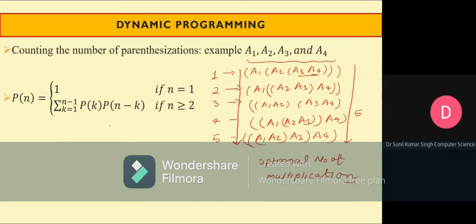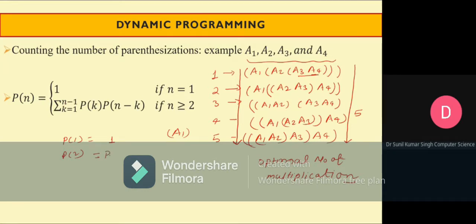So here, if n equals 1, that means if there is only one matrix, then only one parenthesization is possible. It is something like we are having only one matrix, A1. Now, if we are having two matrices, then you have to express it like this. So P of 2 can be expressed with K equal to 1 to n minus 1, that is 1.